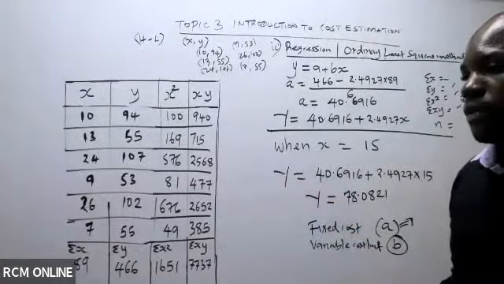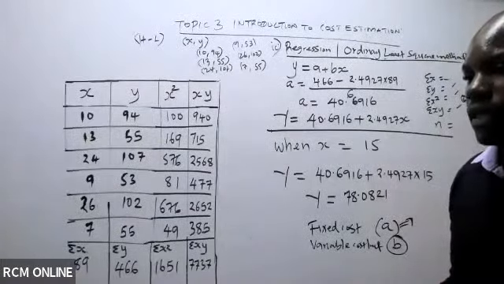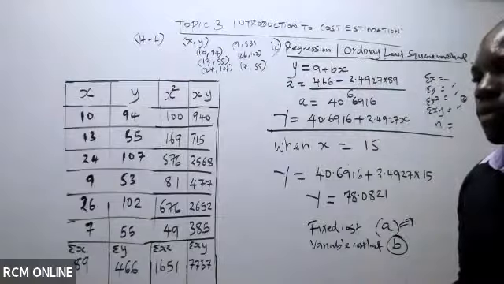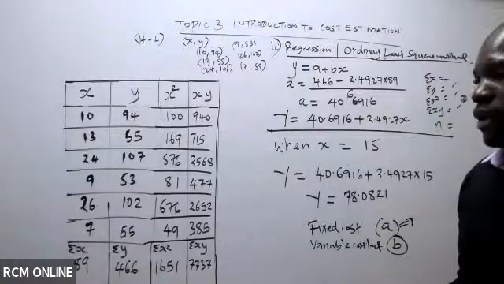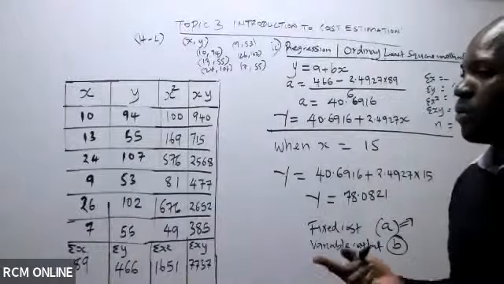Pardon, about X times 15. Where do you find 15? Can someone tell him or her how we are getting 15? Can you go to your workings under the regression method?